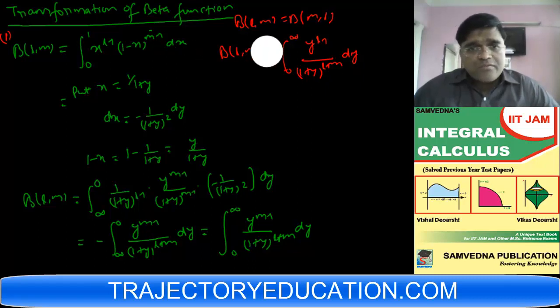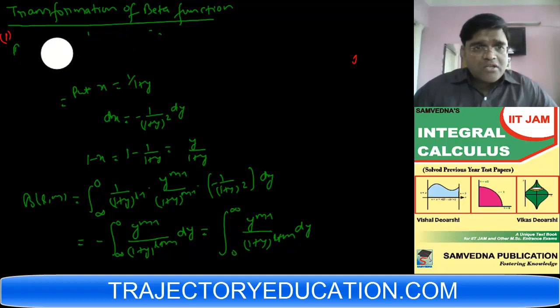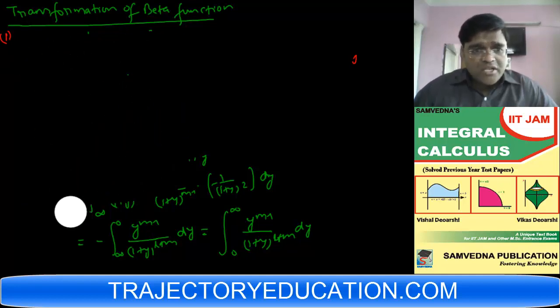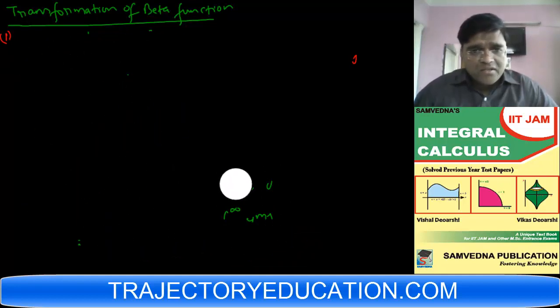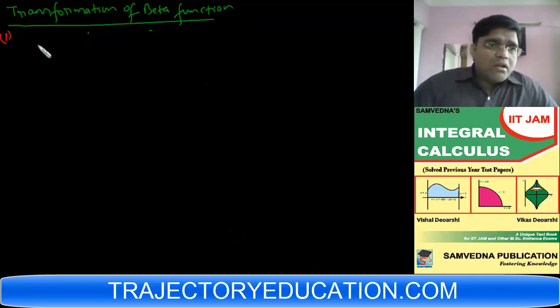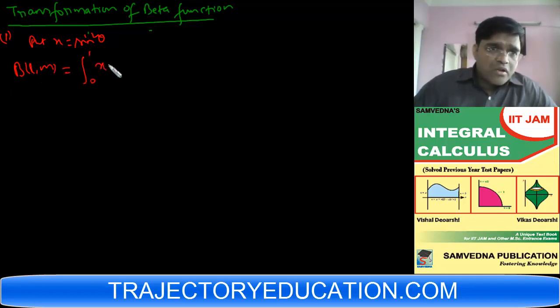Let's put x equal to sine squared theta and see what is the transformation. Your beta function is beta(L, m) equals the integral from 0 to 1 of x^(L-1) (1-x)^(m-1) dx.